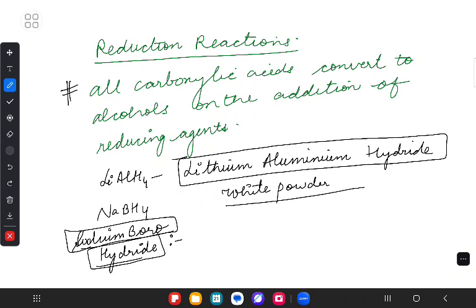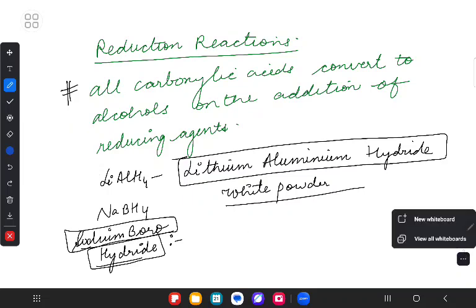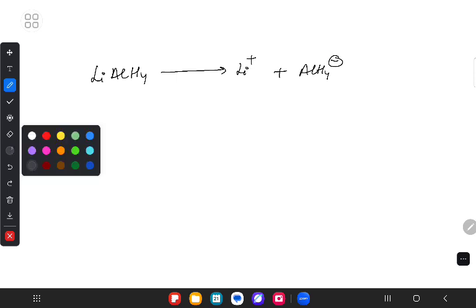Lithium aluminum hydride. Now understand, a very important thing to remember here is LiAlH4. So you're going to have Li plus and AlH4 negative.